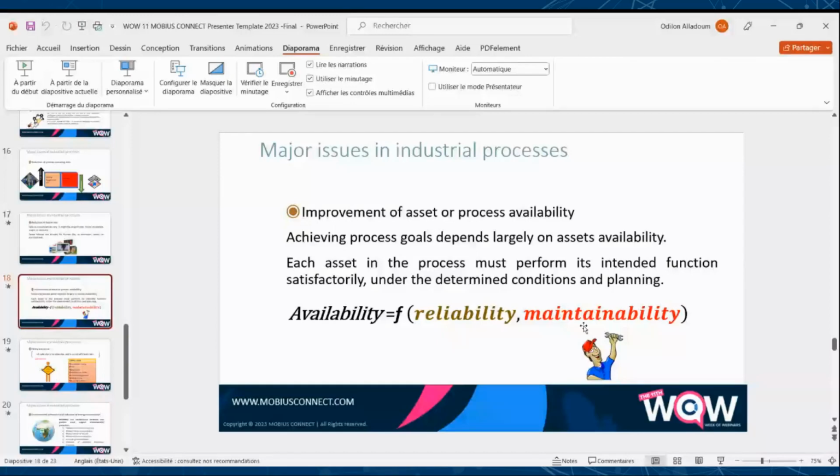Reliability and maintainability have a direct effect on asset availability and process efficiency. To have a satisfactory level of availability, we need to define required level of reliability and maintainability through planning and design, data analysis, process assessment, or feedback for continuous improvement.